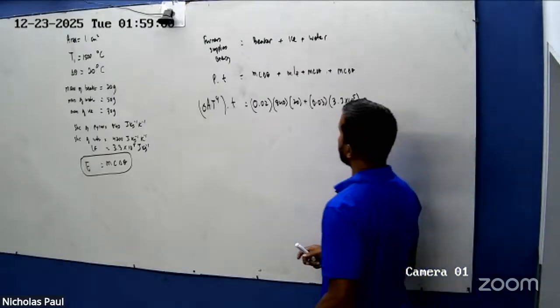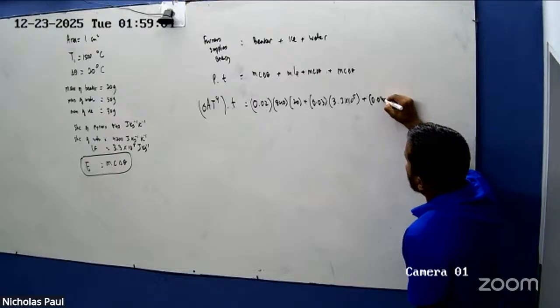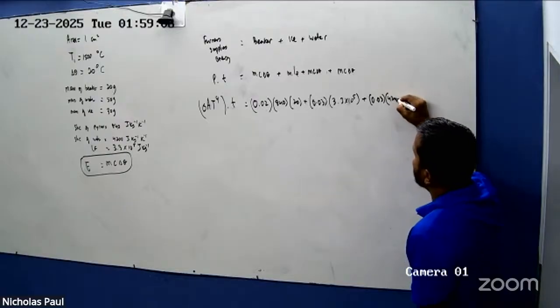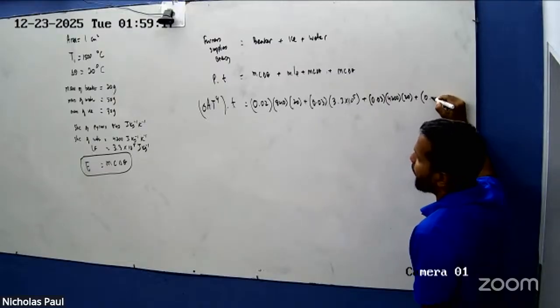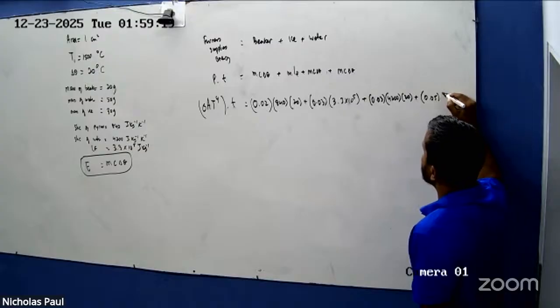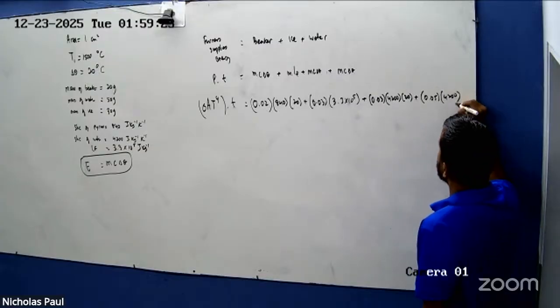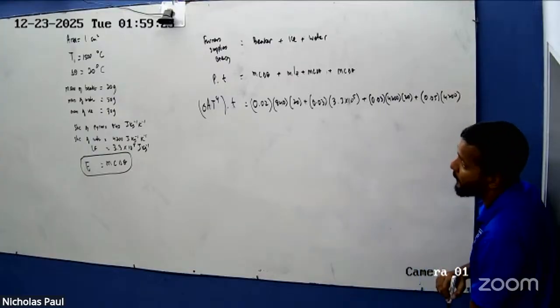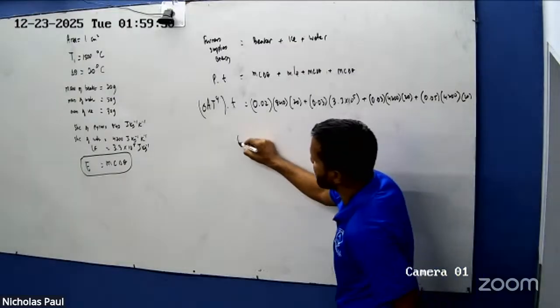Right, sorry. And then m is 0.03, c is 4200, and then the ice water will undergo a temperature change of 20, right? And the water will undergo a temperature change of 20 as well. The water was 0.05 by 4200 by 20, right? And you have to make T the subject.